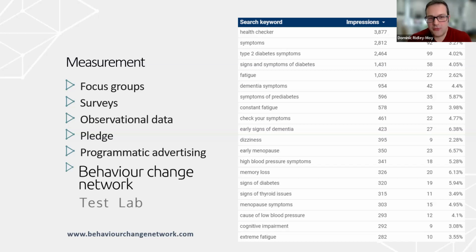And one of the things I often get asked is, how do you test different messages at speed and use behavioural insights? So one of the things that myself and John Paul will be launching shortly is the Behaviour Change Test Lab. And that's basically a really quick way of testing different messages at speed.